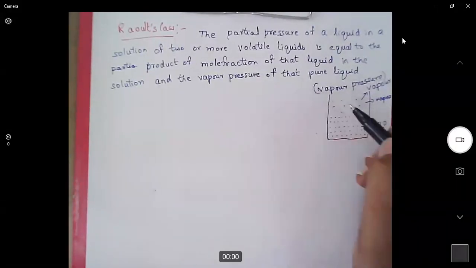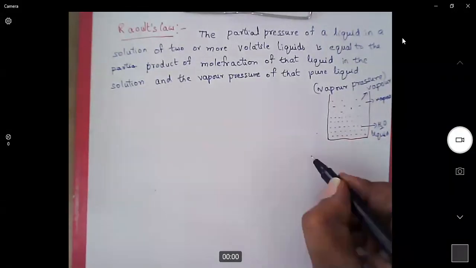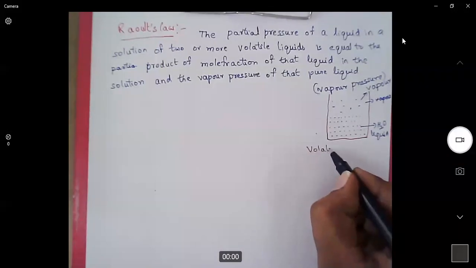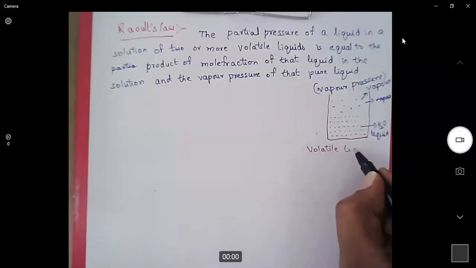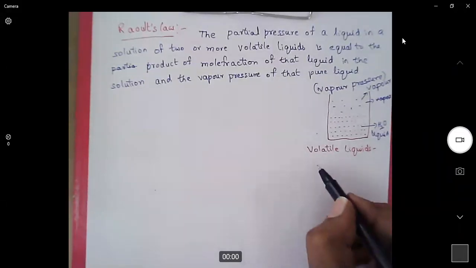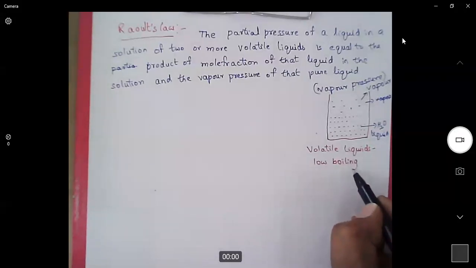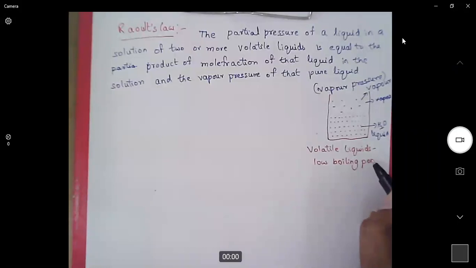Now, what are volatile liquids? Volatile liquids or volatile solvents are nothing but solvents having a low boiling point. What is volatile? An easily vaporizable compound. How will we say whether a compound is easily vaporizable or not?